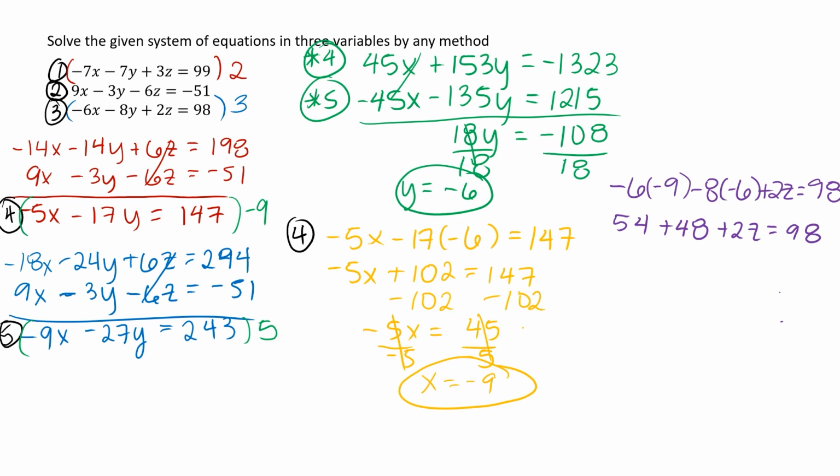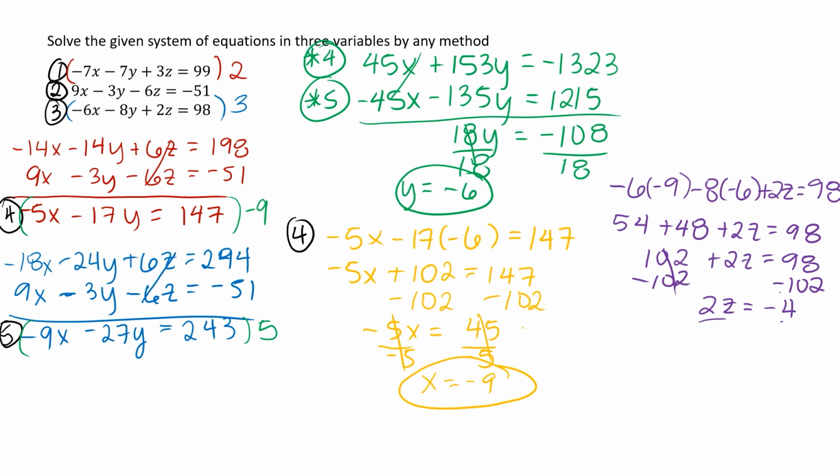From here, I'm going to combine like terms with the 54 and the 48, and I get 102 plus 2z equals 98. I'm going to subtract 102, and I get 2z equals negative 4.